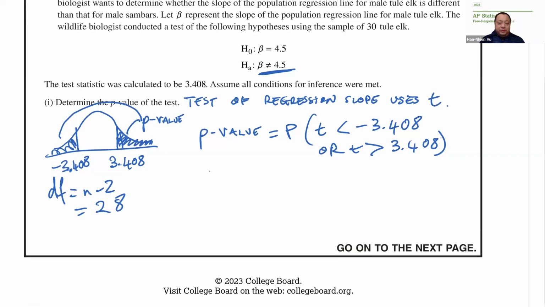So I write down degrees of freedom is equal to n-2 equals 28. And then I run the probability. And it's equal to 2 times this, which is 0.002.